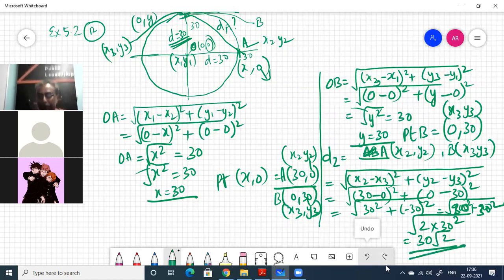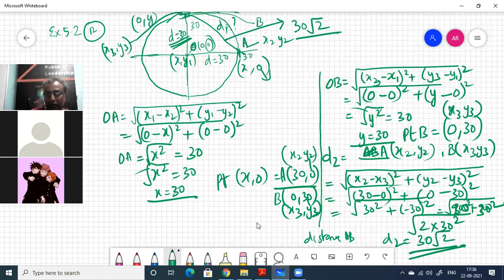This distance AB is equal to 30 root of 2. You got this answer? You understood? Basically, A will be 30 comma 0, B will be 0 comma 30, and then you have to find the distance between those 2 points. That's all.